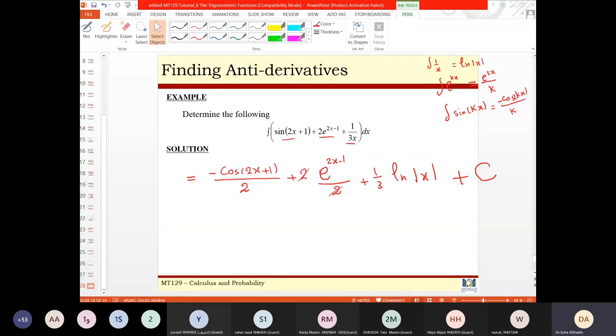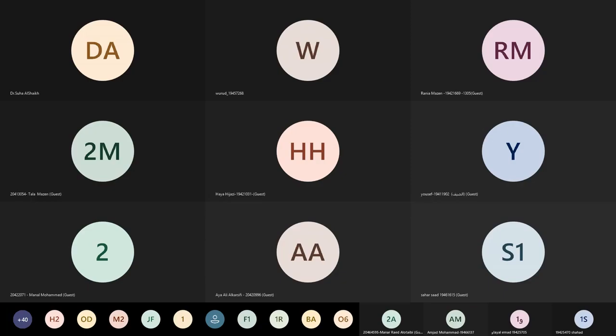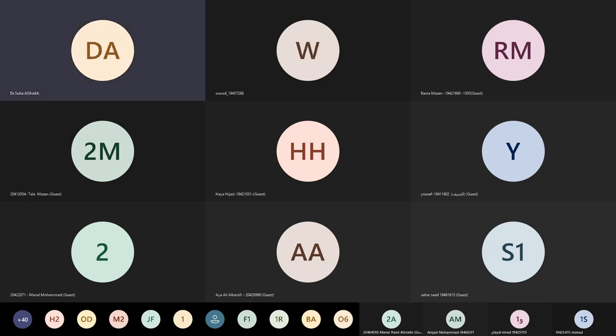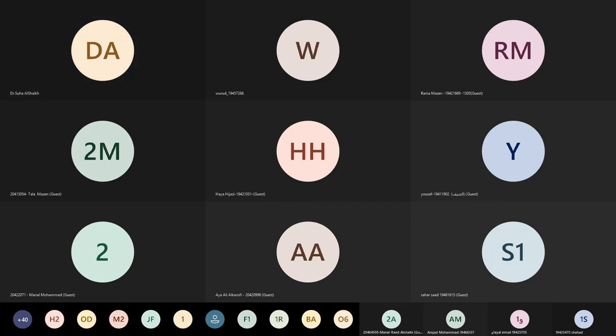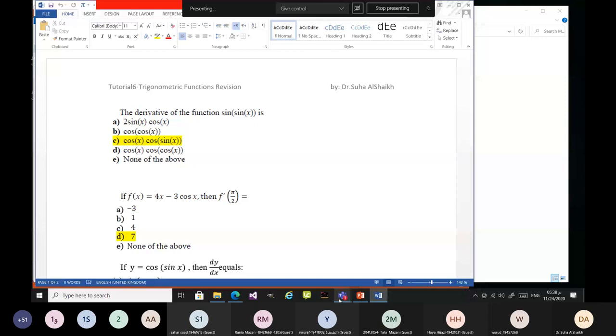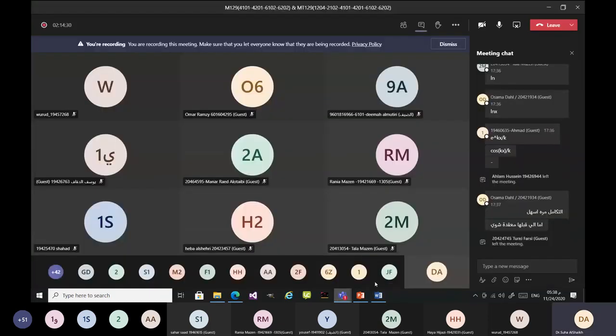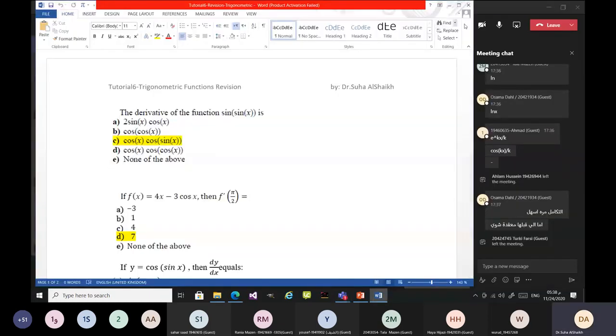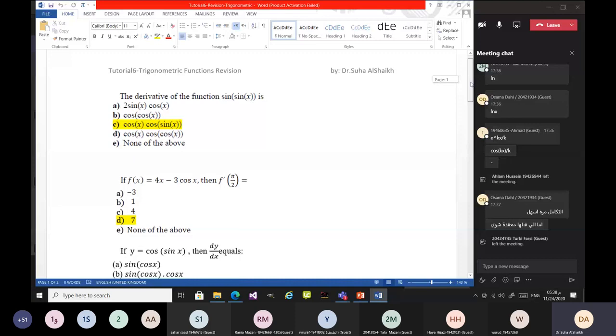I'm going to show you this one. I'm going to send you the revision inshallah. This is a revision on trigonometric functions.